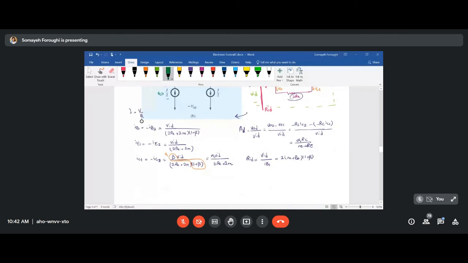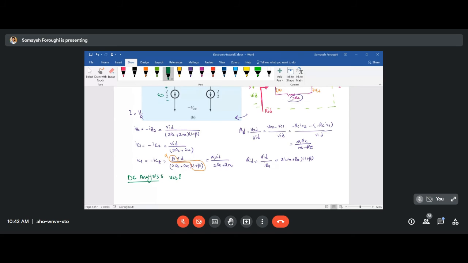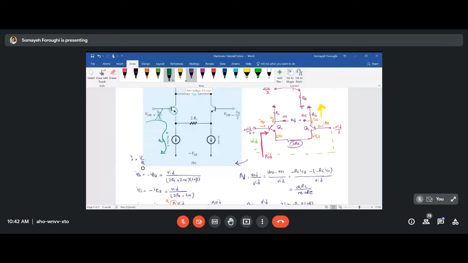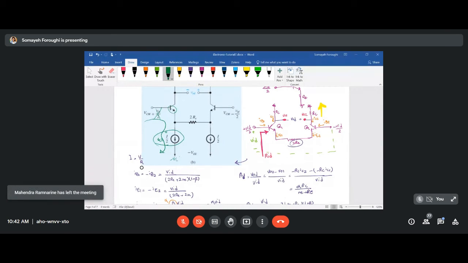Okay, now let us do some DC analysis and find the current source voltage. I'm not going to draw everything one more time. Just remember, in DC analysis, this is gone because it's an AC voltage source, and if you do some KVL here, you will have VCM, a base emitter voltage in DC analysis, and a negative VEE.